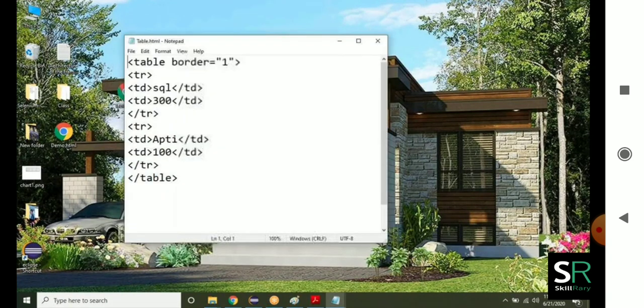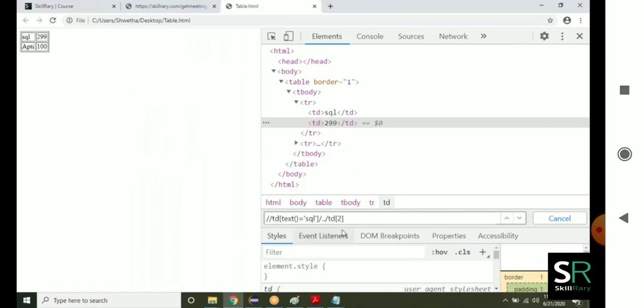If tomorrow, because of a discount, they change it to 299, let me refresh. See, the price is now 299, and still this is going to work. That's the reason I'm not using text function equals 300. If I use it, it will not work.